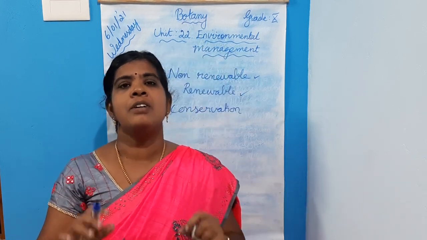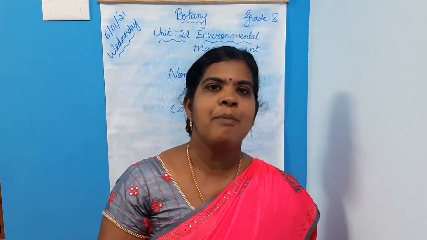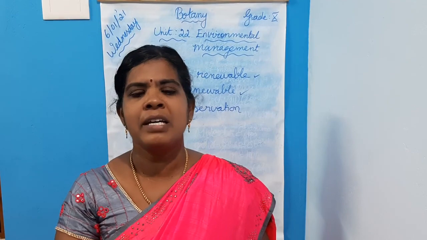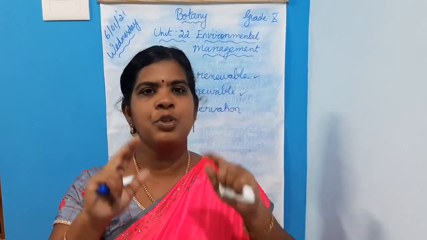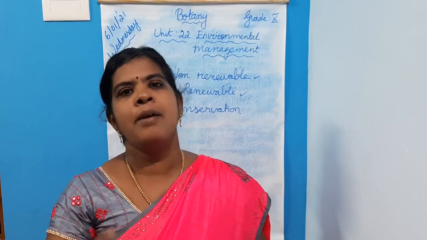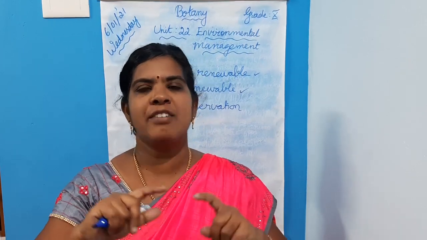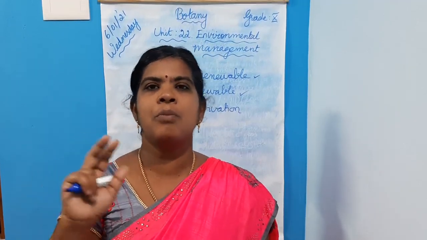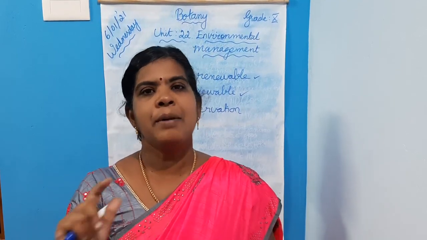Next, about the forest and its importance. Forests are very, very important, isn't it, ma'am? It's an important component of our environment. You all know that our environment consists of two important components, namely biotic and abiotic components. Suppose you take a forest ecosystem, in that ecosystem two important components will be there, biotic and abiotic components.